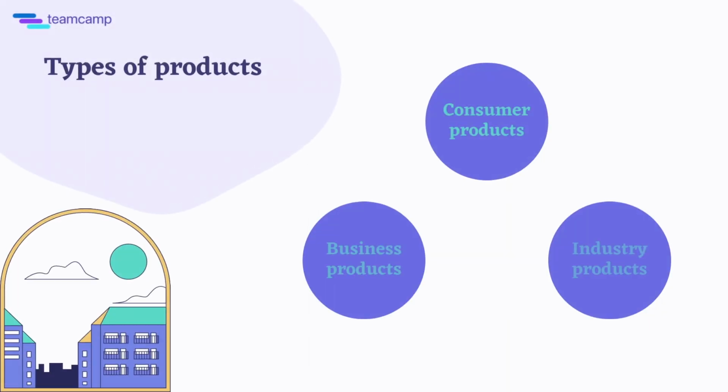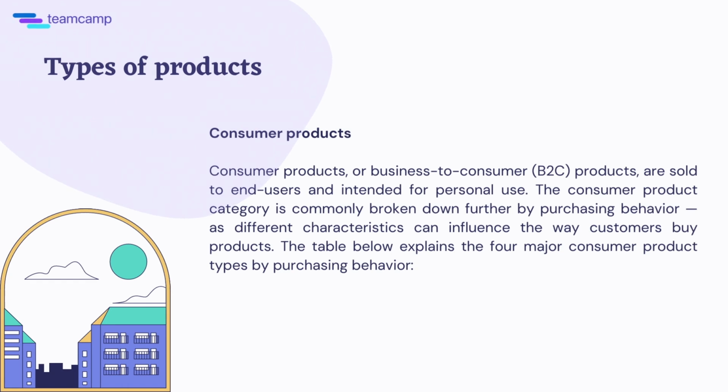Types of products. Beyond physical, virtual, and hybrid, products can be classified in other ways. You can start by splitting products among three major customer categories: consumer, business, and industry. Consumer products.